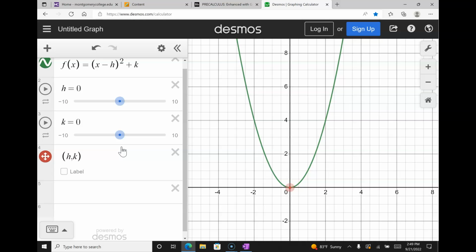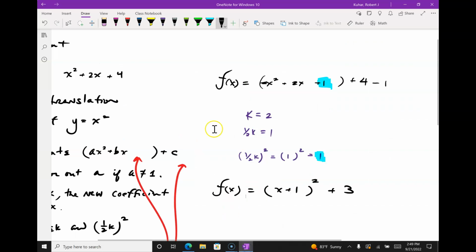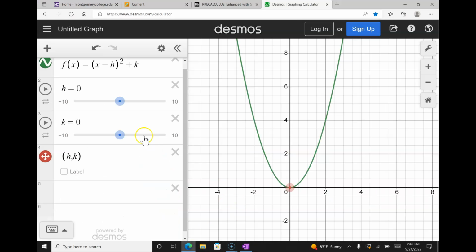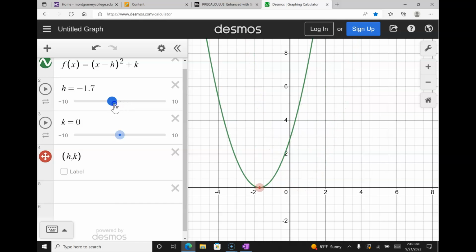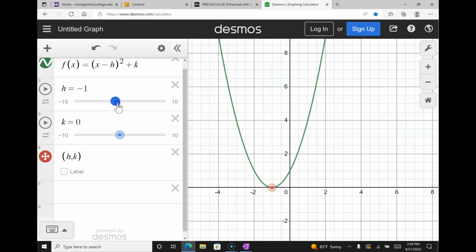What was my value for h? In my problem, what's my value of h? Plus 1, right? And my value for k is 3 here, yes? You with me? So I want to move h to 1. Oh, I'm sorry. I want to move it to minus 1. Sorry. Right? Do you agree with me?